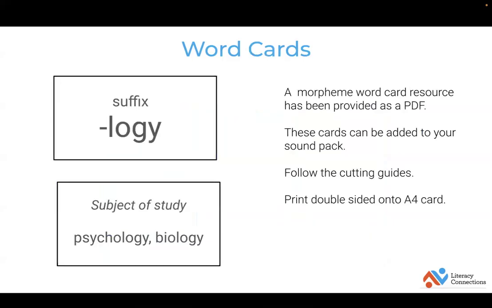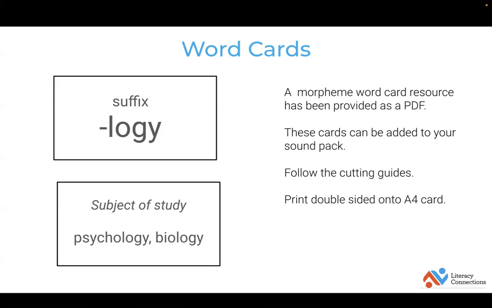And we have word cards for the resource as well that are basically like sound cards that you would use for spelling. These morpheme word cards have the morpheme on one side and then the definition and the examples on the other. So it's basically just taking the information from the scope and sequence and adding it to a card.